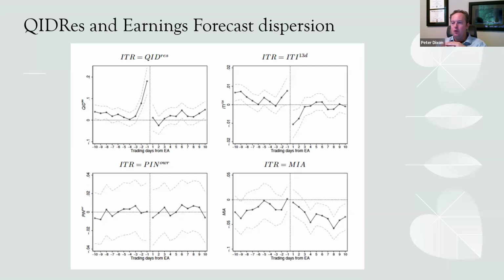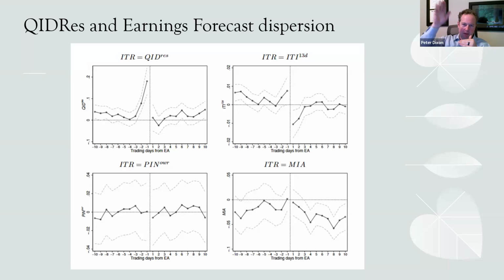And what we find is that Quid is the only one that shows a spike in informed trading in the highest dispersion stocks relative to the other stocks that have lower dispersion. QuidRes, the top left one, shows this differential level of informed trading, a difference-in-difference idea.